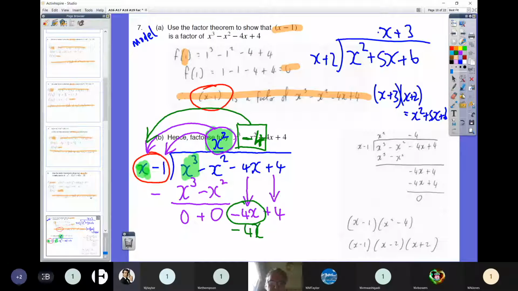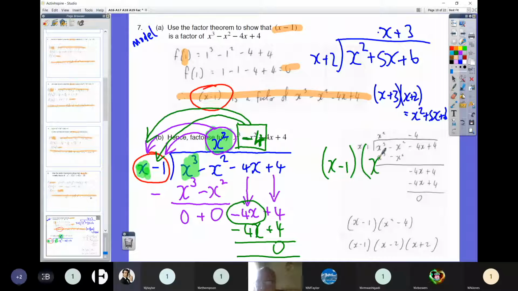The minus 4 times the minus 1 is plus 4. And when we take away, there's nothing left. So we have gone and factorized this, and we end up with our initial factor, which is x minus 1. And what we've now got on top of that algebraic division, our second bracket, is x squared minus 4.